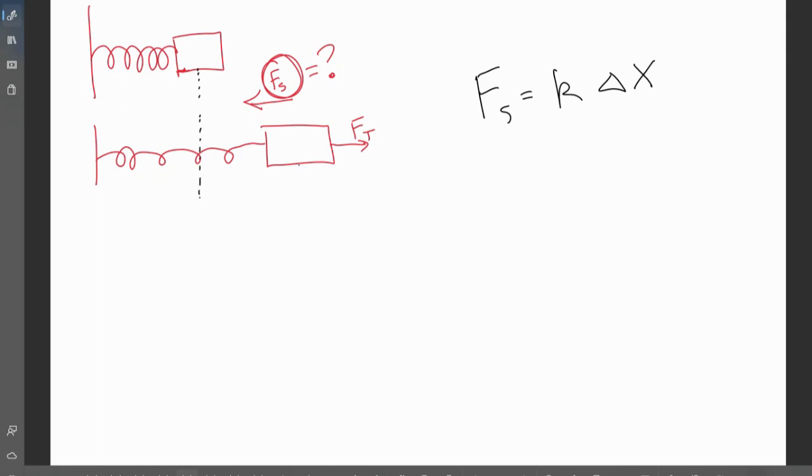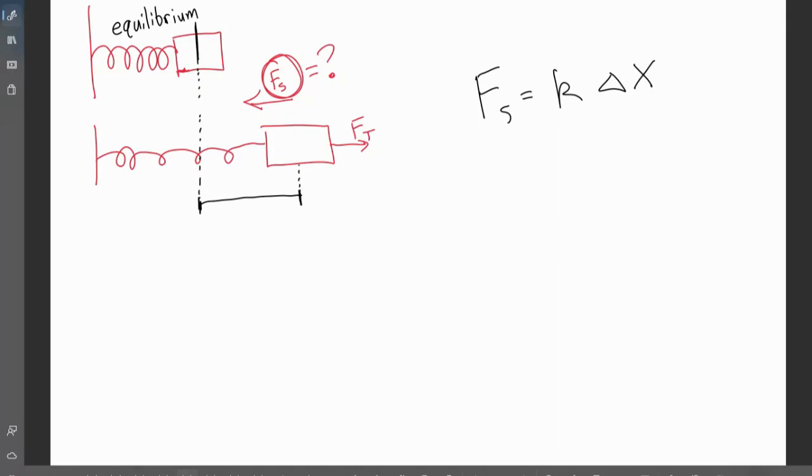But this delta X, I'm just going to track how far we've moved this box. Just whatever the displacement is, we call this the equilibrium position.